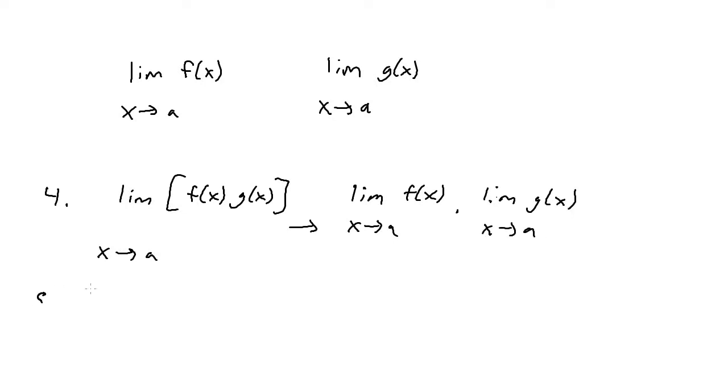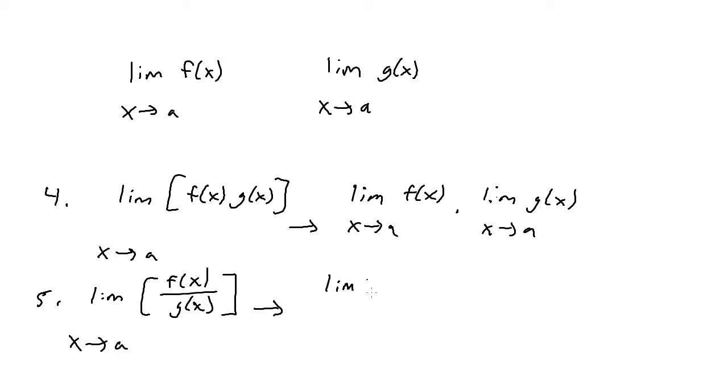And then for number 5, this time we have the limit of f of x divided by g of x as x approaches a. Well, the same process here, the same as multiplication, but instead we're going to divide. So we take the limit of each individual function, so this time f of x as x approaches a, divided by the limit of the other function g of x as x approaches a as well.